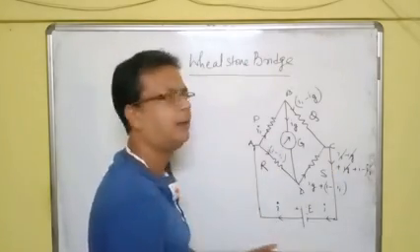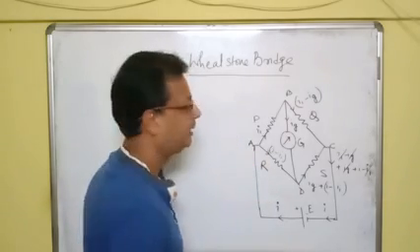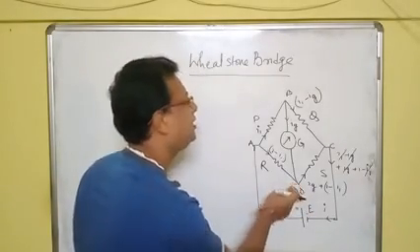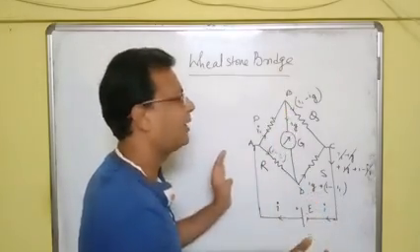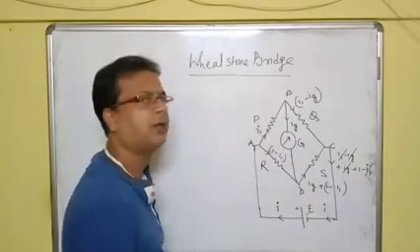All the directions here are arbitrary. You can also take the current as flowing from D to B, and accordingly you can make the circuit and distribute the current.